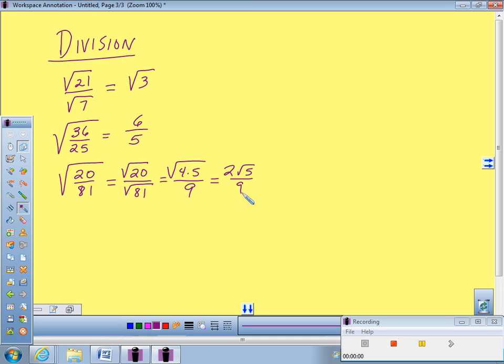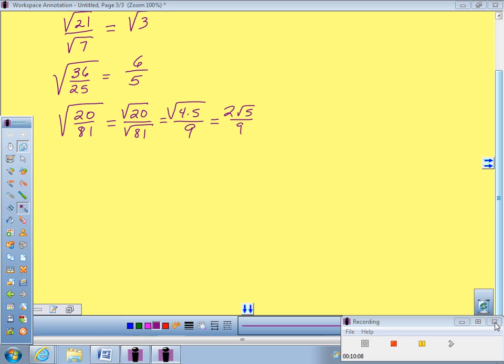Okay, here's the part where it's a little bit obsolete anymore. Back in the days prior to calculators, mathematicians said, we don't really want square roots in the denominator of a fraction, because if you're actually adding fractions together, who wants to make a common denominator with a square root? So they said, we're not going to let square roots be in the denominator.